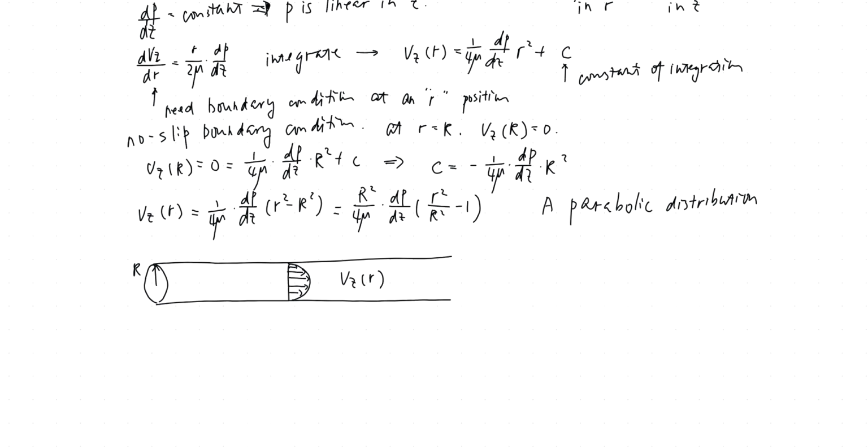So it reaches maximum at the center line. So Vmax, velocity at r equal to 0, is minus 1/4 mu dp dz R squared.